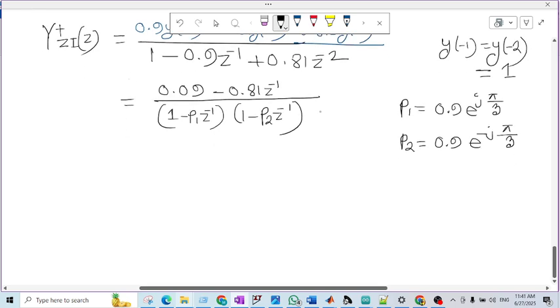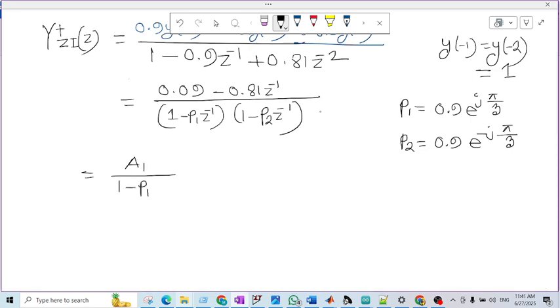And again you have to do a partial fraction here. One is a1 over 1 minus p1 z inverse 1, another is a2 over 1 minus p2 z inverse 1.